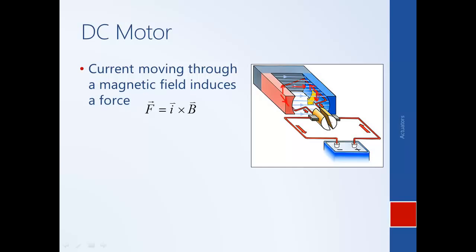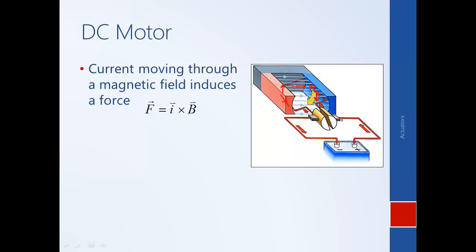Another challenge with a DC motor is that in essence we're trying to get electricity to this thing that's spinning. So you could imagine if we had a solid physical connection, you could imagine the wires getting tangled up as it continues to spin. And so the way that this is addressed is that DC motors include brushes.